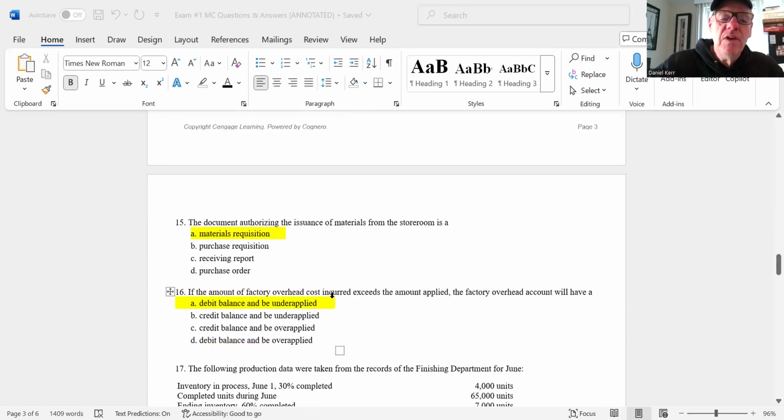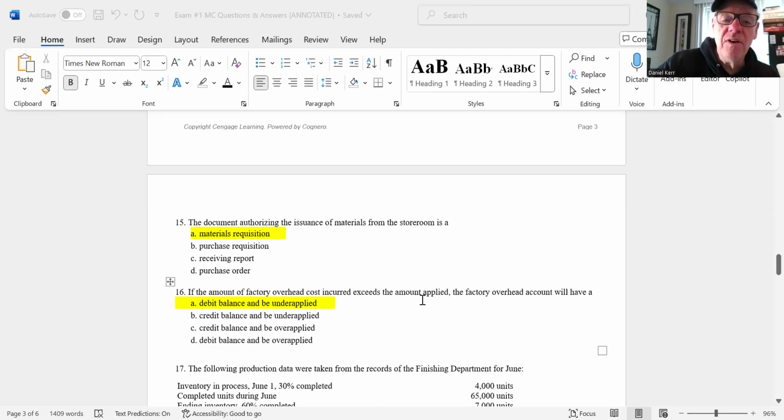16, the amount of factory overhead costs incurred. So here you've got to think of a little T account. You debit the T account factory overhead for the costs that are incurred, and you credit factory overhead for the costs that are overhead applied to jobs. If the factory overhead cost incurred exceeds the amount applied, that means you have underapplied overhead.